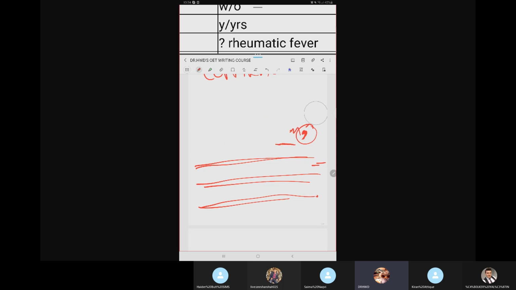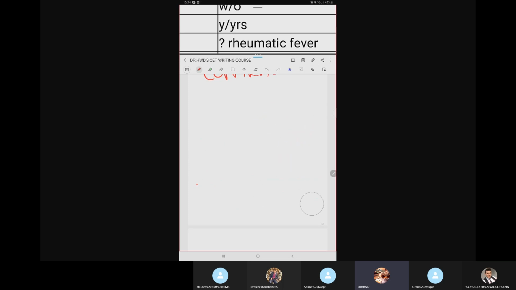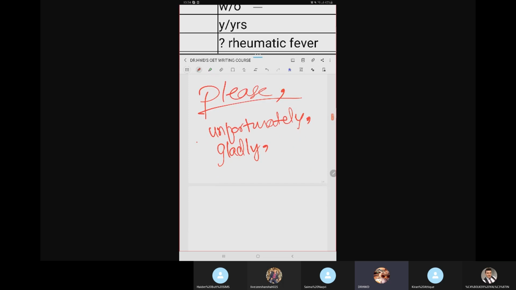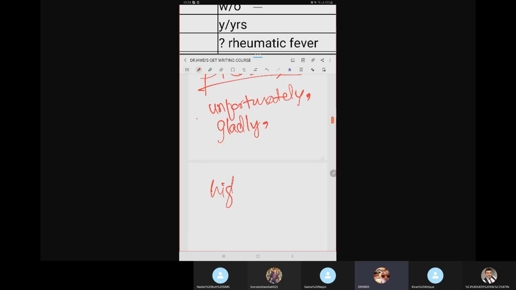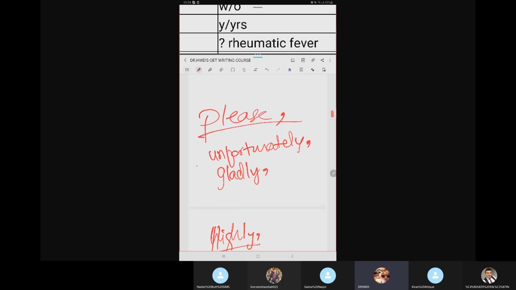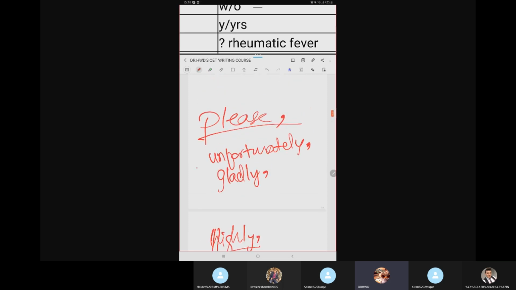When you are trying to put emphasis on something, for example, please, right, then you put a comma. When you're trying to talk of some mood, for example, unfortunately, or when you're saying gladly, or highly, right? So when you're trying to express a mood or put emphasis on something, that's when you use a comma.